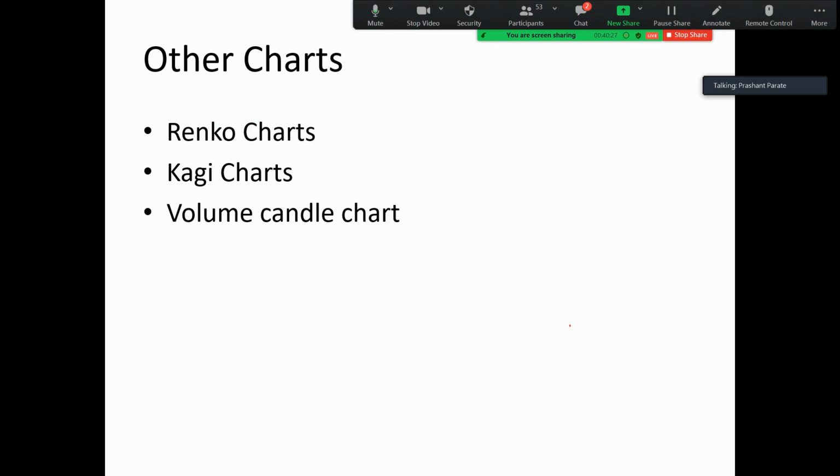I have not studied them in detail, but there are chart patterns available. Volume candle chart is similar to candlestick chart. The only thing is the thickness of the candle increases when volume is high and decreases when volume is low. So it is not very useful to draw trend lines and all those things, but it can represent in which candle volume is more.